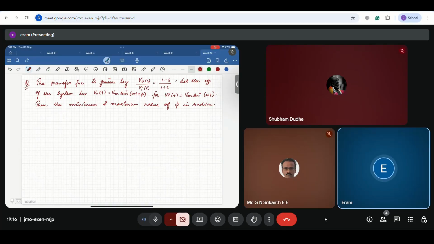The magnitude is scaled by the magnitude of the transfer function, and the phase is shifted by the phase of the transfer function at the input frequency. For this system you have to calculate the minimum and maximum value of the phase.